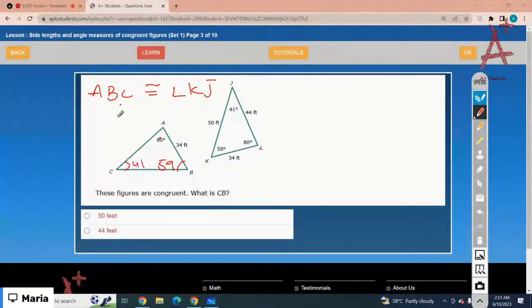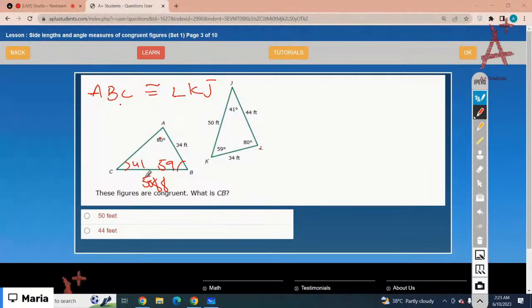Now you have to look at the sides. AB is corresponding to KL. BC is corresponding to KJ. It would be 50 feet. And AC is corresponding to, that would be 44. Hold on.